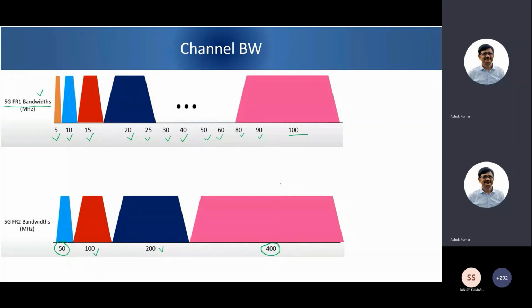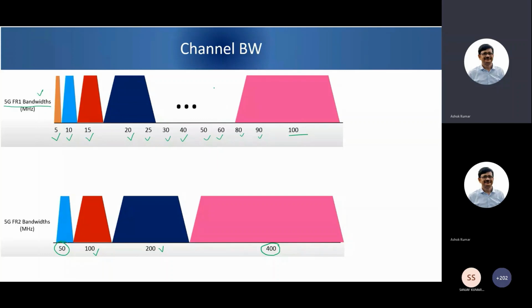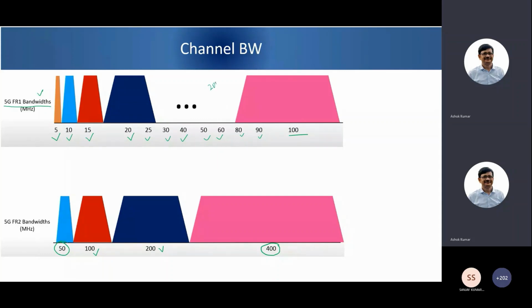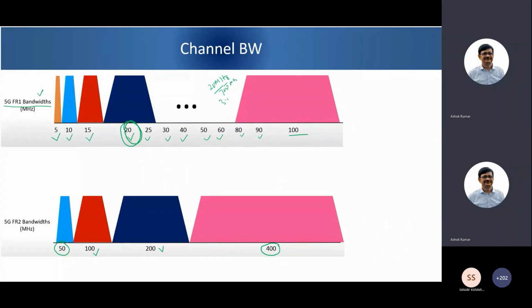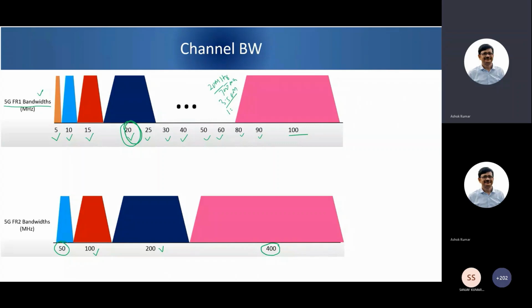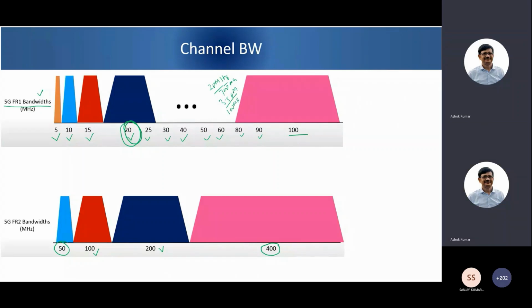As we had seen, in India, operators have 20 megahertz in 700, that is FR1. So they can use this channel bandwidth. In mid-band, in 3.5 gigahertz, they have about 100 megahertz channel bandwidth, so they can use this one.